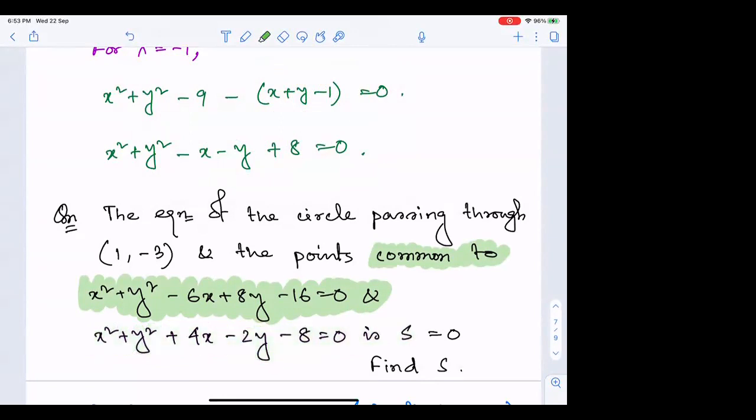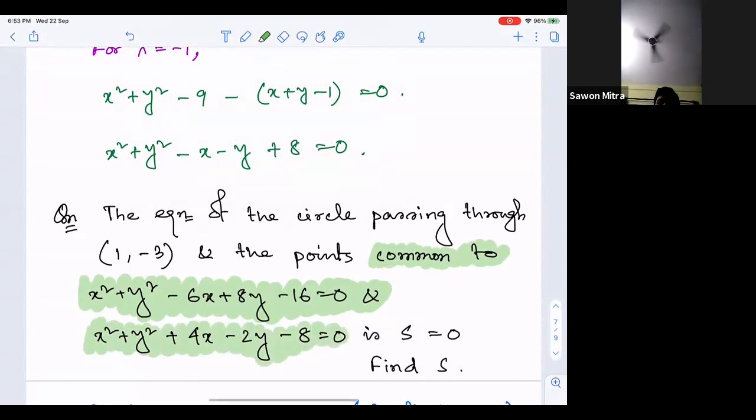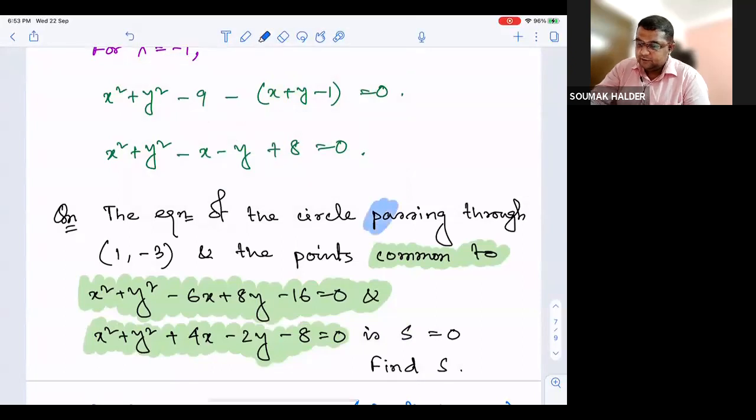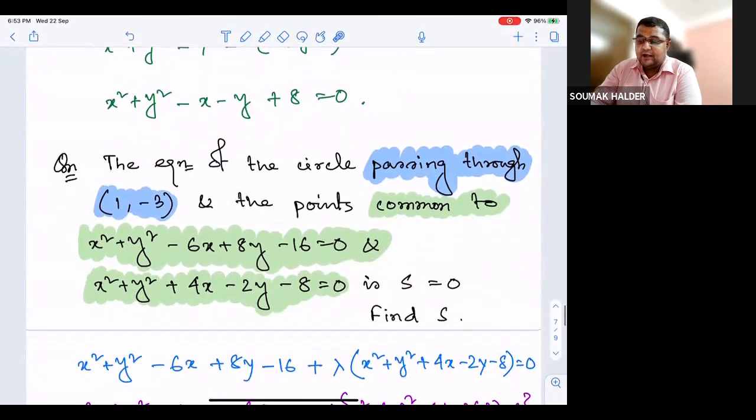Yes, sir. And the additional information here is passing through 1 comma minus 3. As two circles are already given, we can describe the family of circles as S plus lambda S dash is equal to 0.